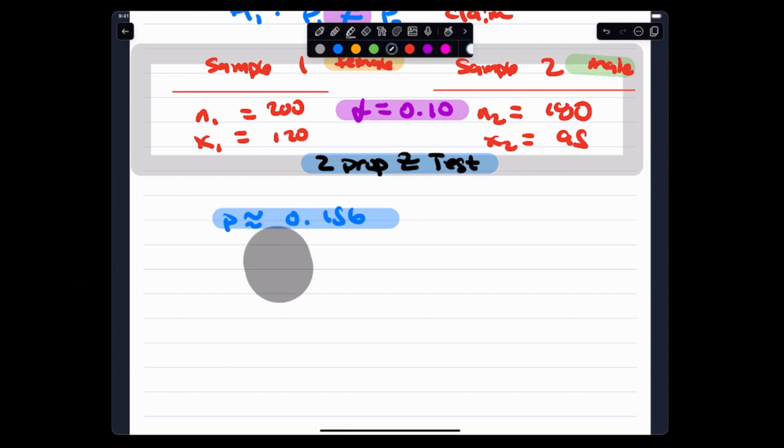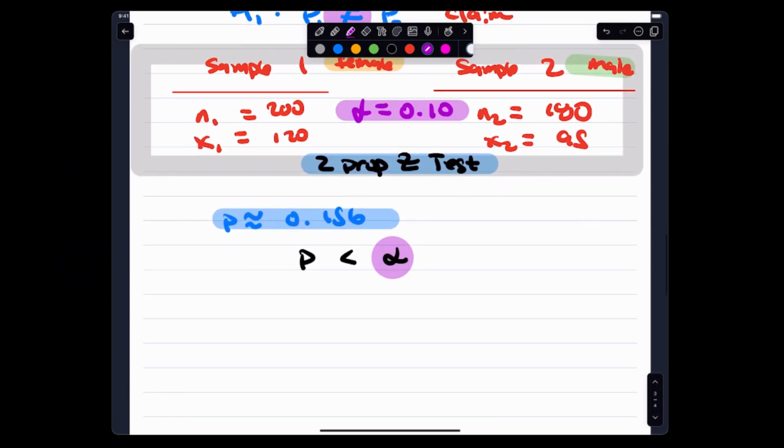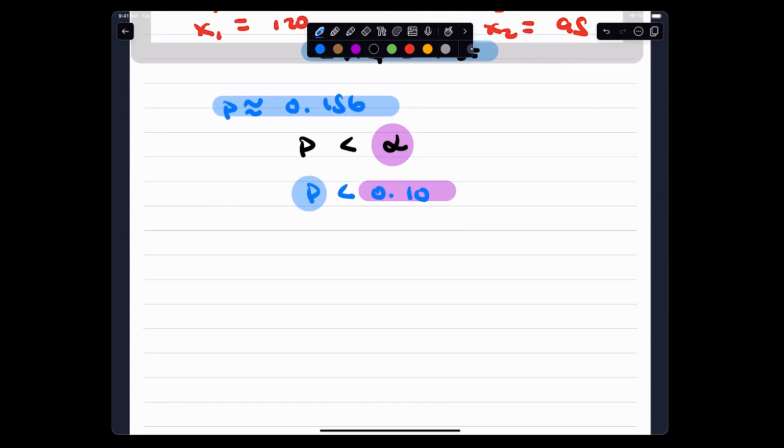Is p less than alpha? Here's your p-value. Alpha is what? 10%. .156 is less than 10%? Is that valid?